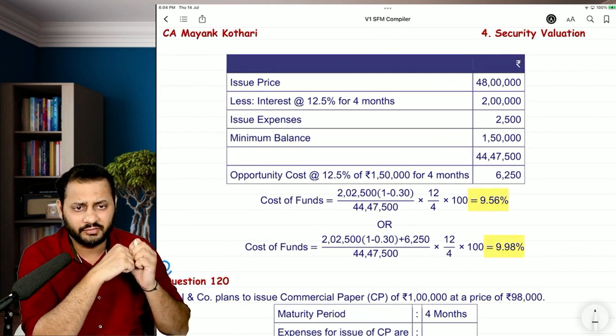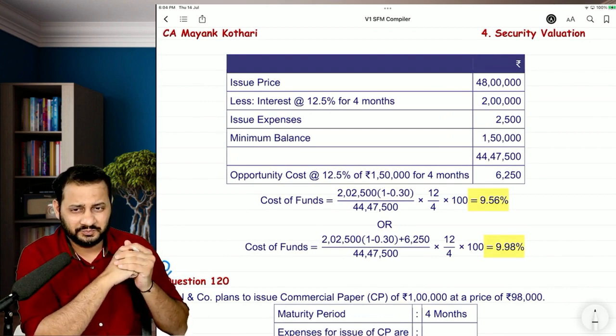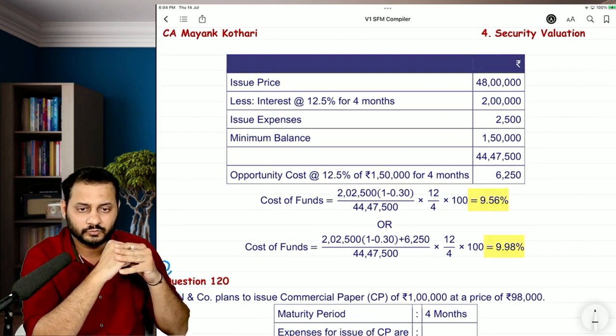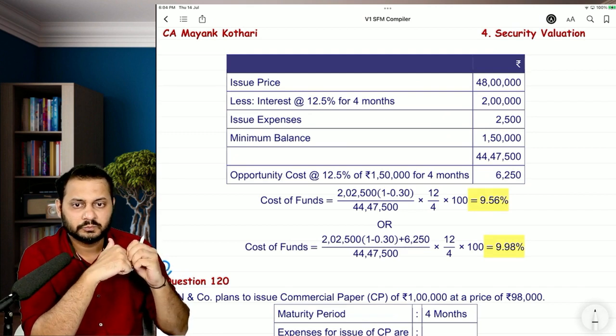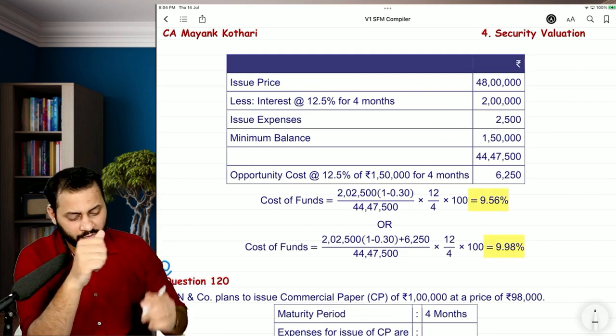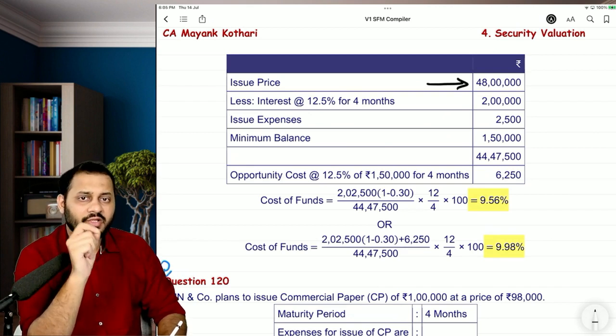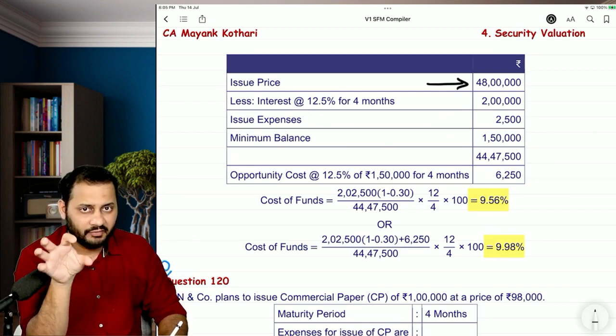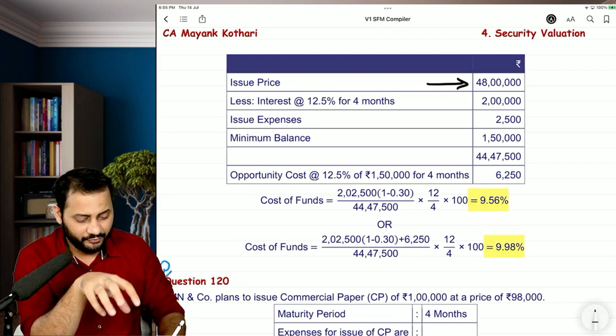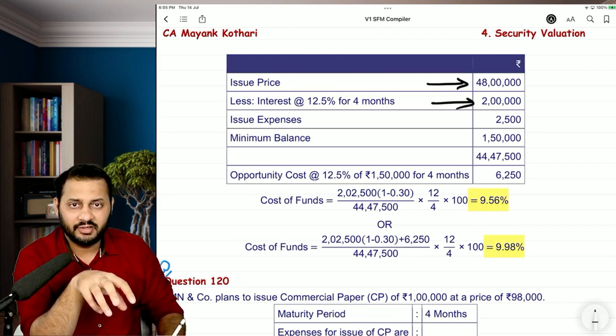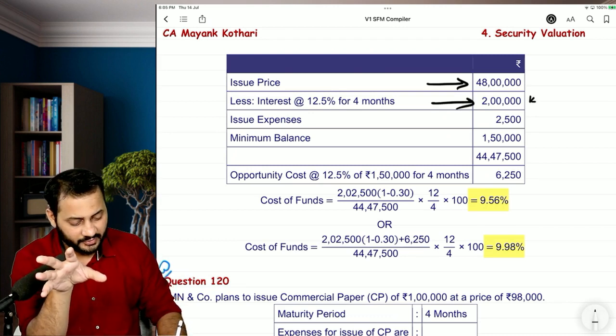What they have done, I will tell you. Issue price was 48 lakh rupees, right? Out of that, they knew we have raised 48 lakh rupees, but we will have to pay 2 lakh rupees as an interest after 4 months. So this is kept aside.